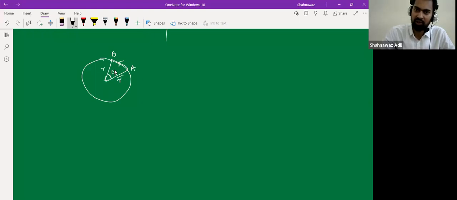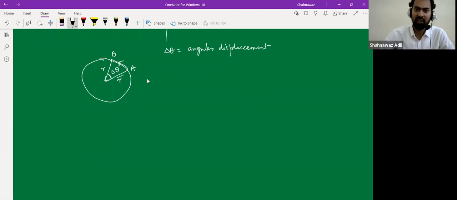Okay, so this is delta theta. So you covered some angular distance, right? So your delta theta here is the angular displacement, and it is a vector quantity, right?